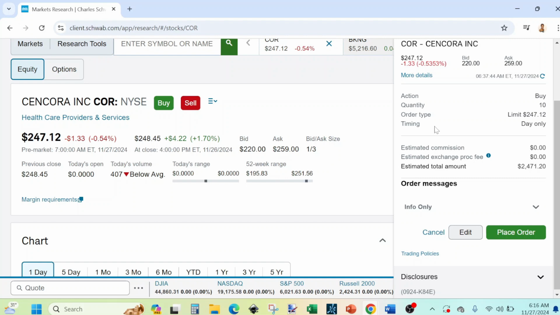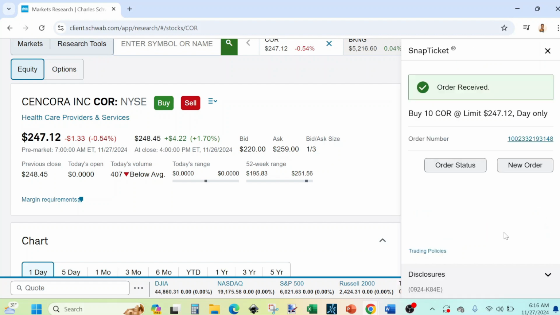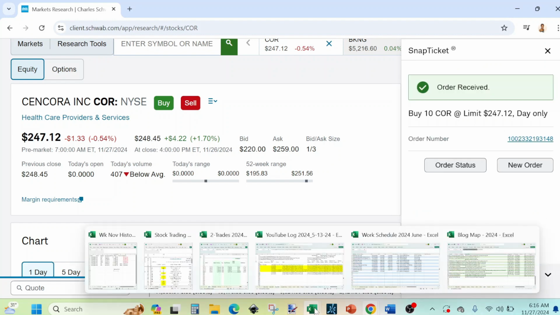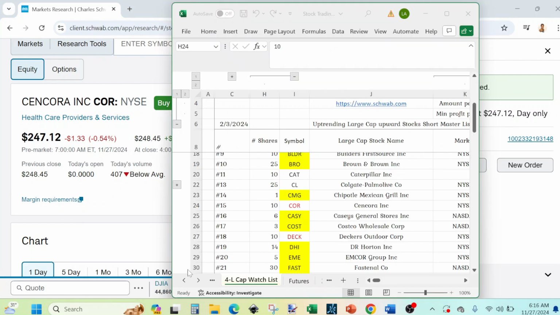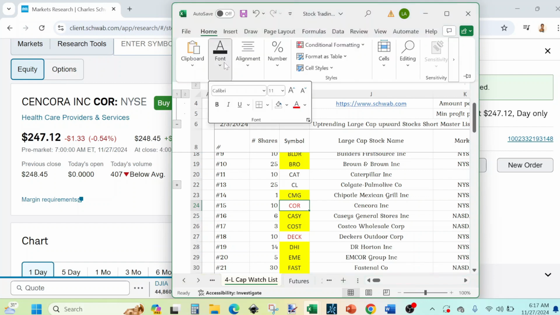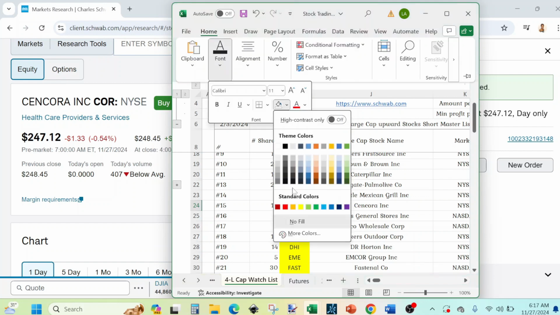I like to put the order at the price the stock is selling at that moment, which is $247.12. So I place the order for 10 shares and just let it go through. When the market opens, if the price goes down to 247.12, it will purchase those shares for us.